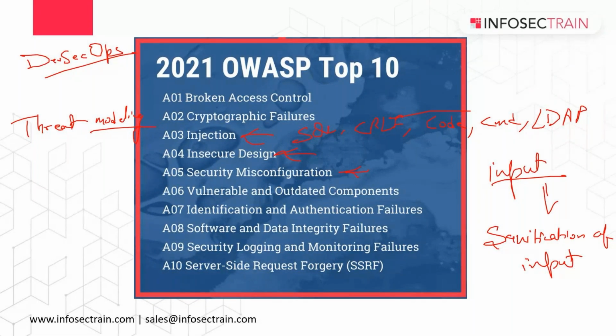There should be no unnecessary feature activation, the use of default accounts or default passwords should not be there, and there should be no detailed error messages. Then you can do the configuration properly, and this vulnerability won't arise.